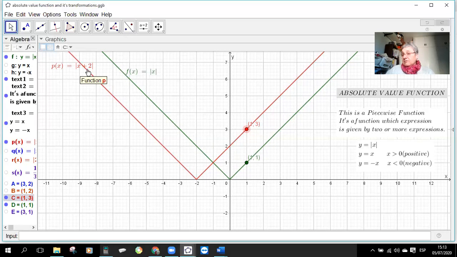And this, as usual, implies a horizontal translation by 2 units to the left, because every time you have a horizontal transformation, you are going to take the reciprocal of the number which is multiplied, subtracted or added to x inside, affecting only x and not the full expression of the function.